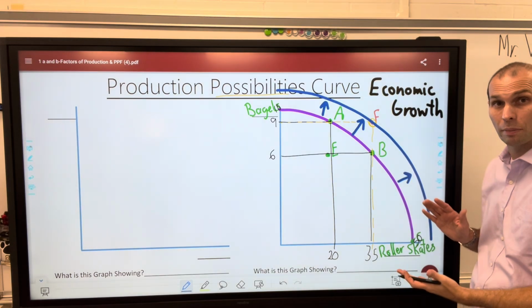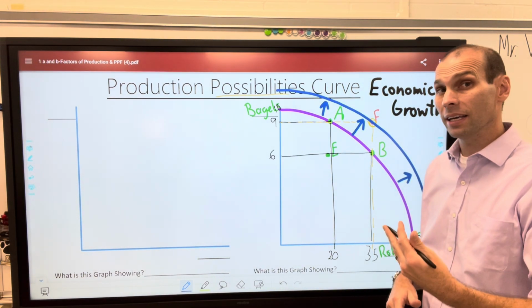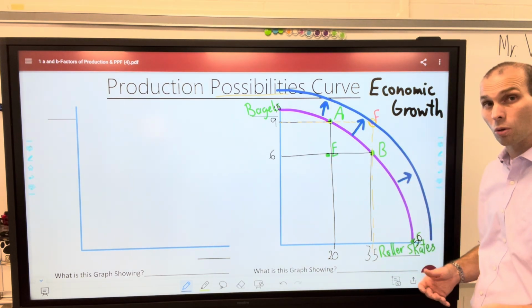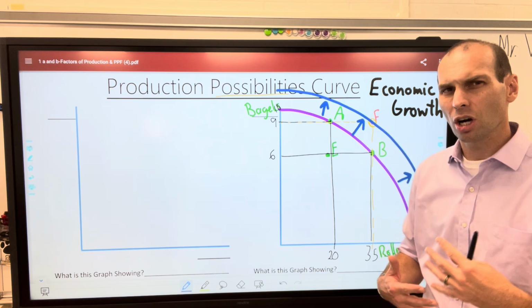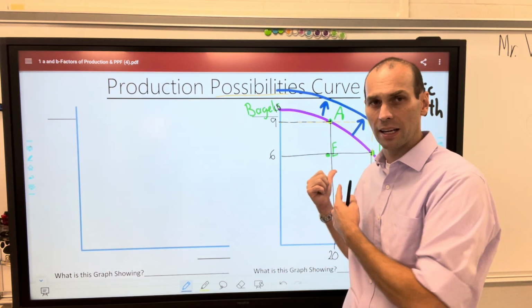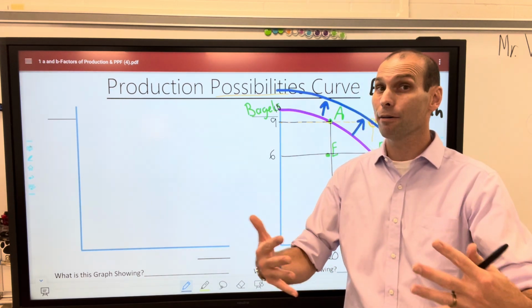And what did our economy do? Well, it grew. So now we have a growing economy where we're able to produce more bagels and roller skates. So when we talk about our economy growing, like even the US economy, which is maybe more complicated than this, it means we're able to produce more combinations of everything.